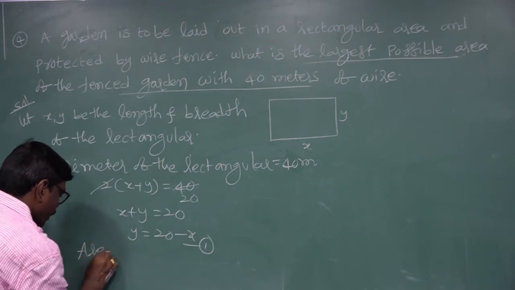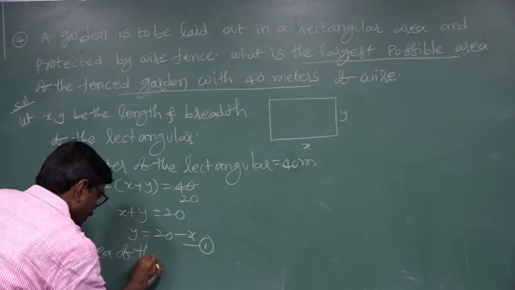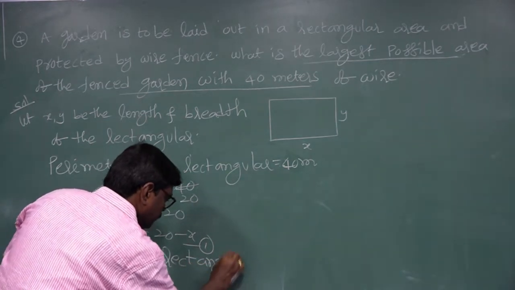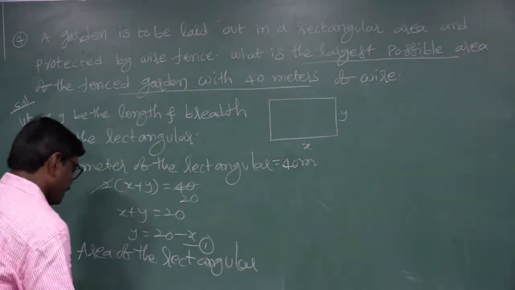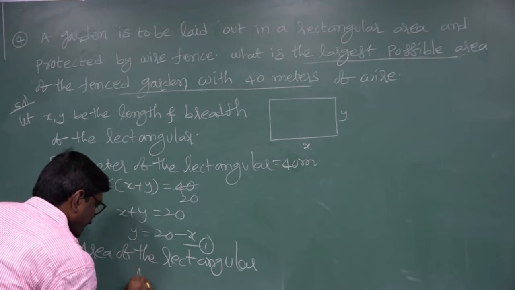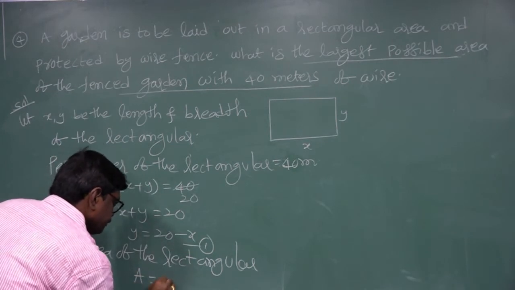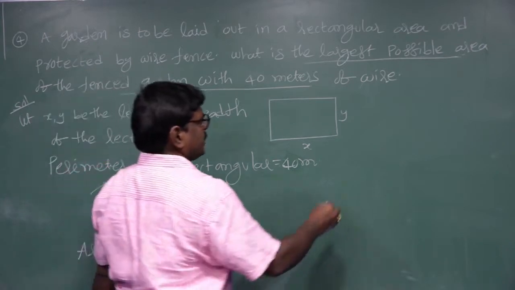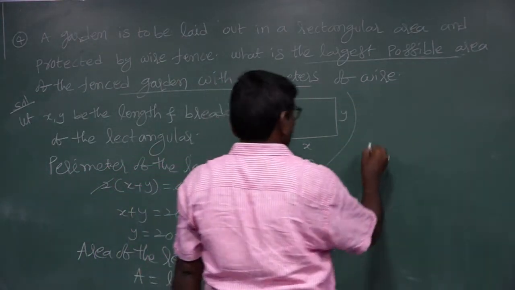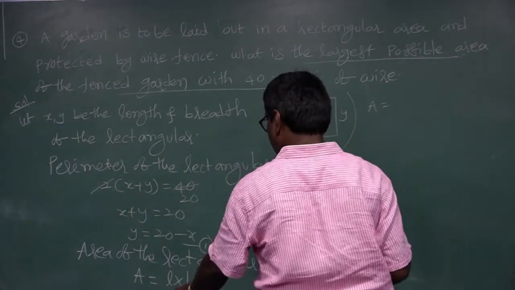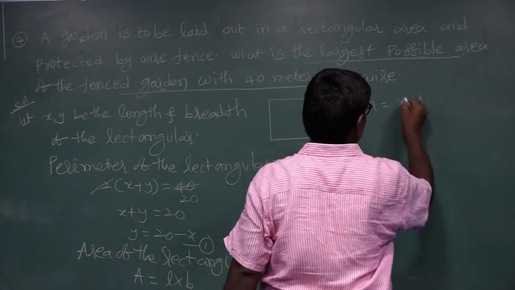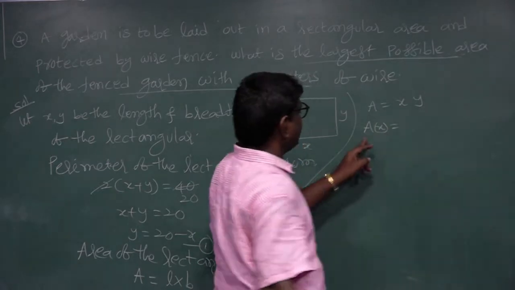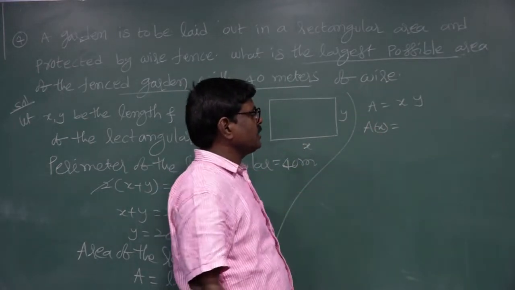Area of the rectangle, A is equal to length times breadth. A is equal to x into y. Denoted area A of x.